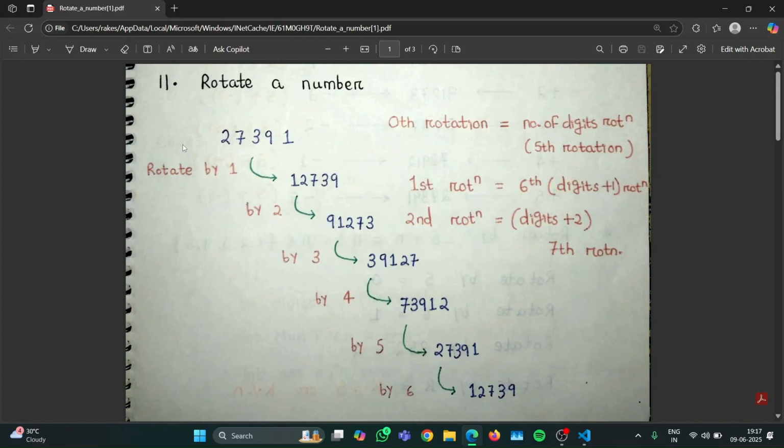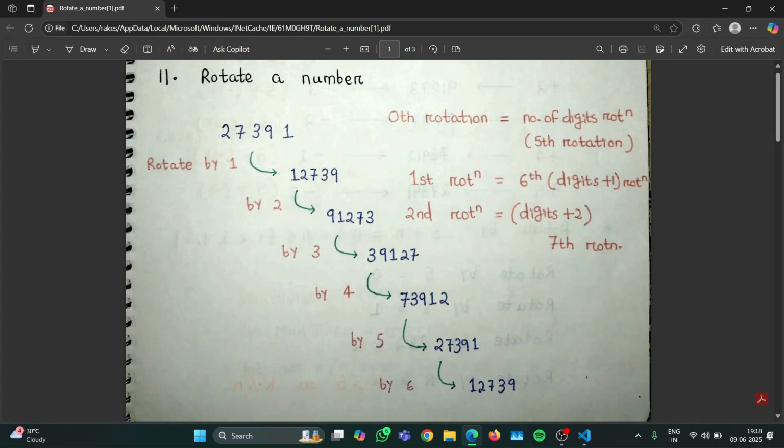Getting my point? And similarly, if we rotate the number by 6, that is one more than the number of digits present in the number, then we get which rotation? It is the same as the rotate by 1 rotation. So if we exceed the number of digits of the number in the rotation, then it is the same as the remainder of the rotation amount divided by the number of digits. Getting my point?